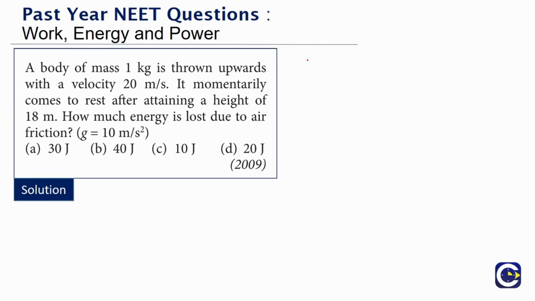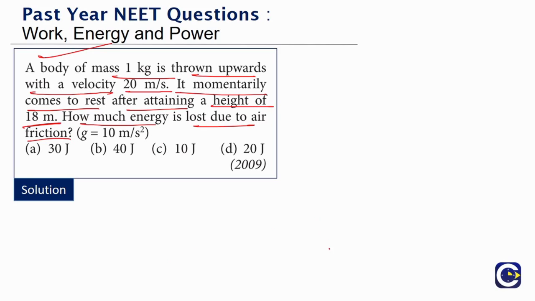Next we have a question that has come in the 2009 paper. A body of mass 1 kg is thrown upwards with a velocity of 20 meters per second. It momentarily comes to rest after attaining a height of 18 meters, which means this is the maximum height. How much energy is lost due to the air friction?